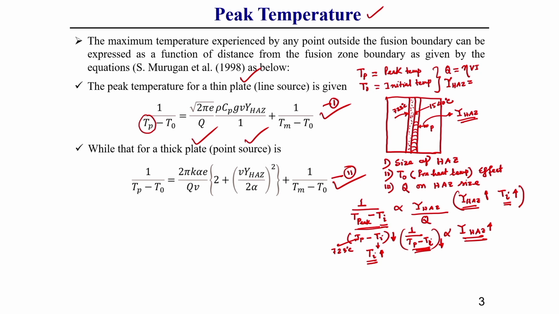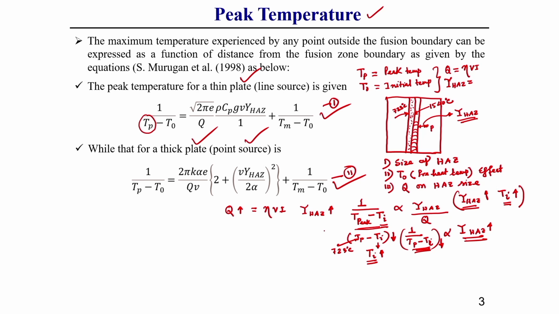Apart from these things, keeping all other parameters constant, if you increase the Q value, Q means net heat input, which I have already written is eta V I, where eta is the efficiency, V is the welding voltage, and I is the current. So, if Q increases then your Y value will increase, that is, heat affected zone size also increases. You should keep this in mind. How?